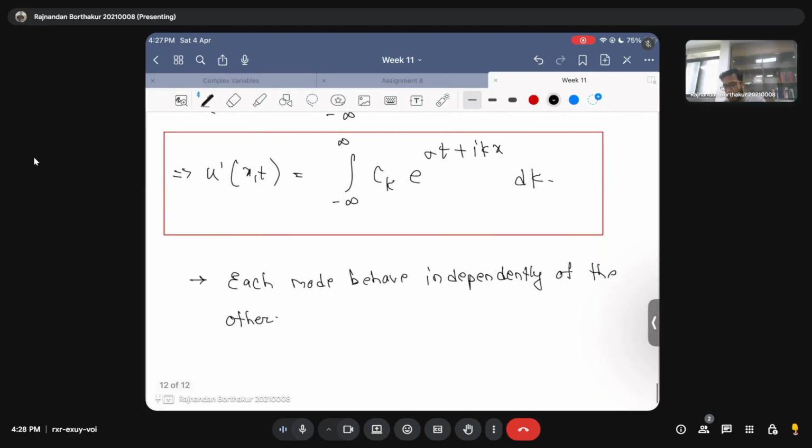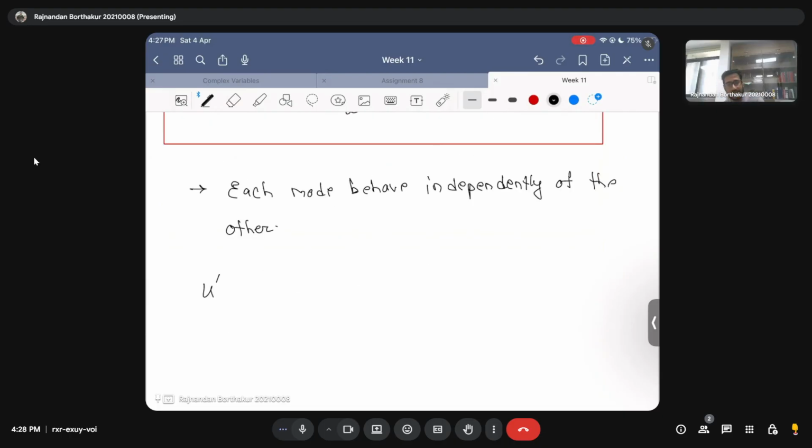Now since each mode behaves independently of the other, instead of writing the integral, I can represent this u prime of x, t as ck e^(sigma t plus ikx). I can do this because I know that the kth mode behaves independently of the other modes.